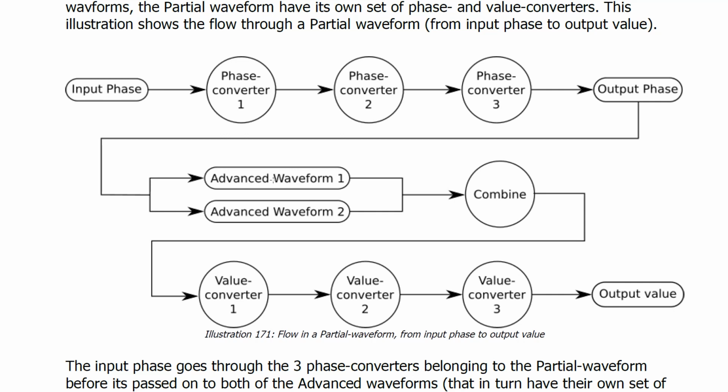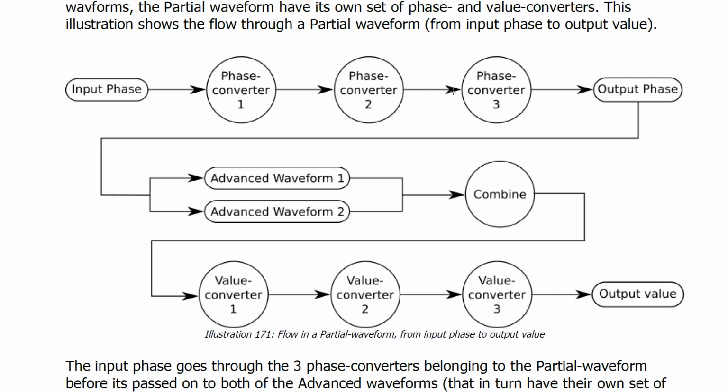So if you do anything within this advanced waveform to change the phase, that phase change will not be affected in the partial waveform. The partial waveform has its own phase converters.